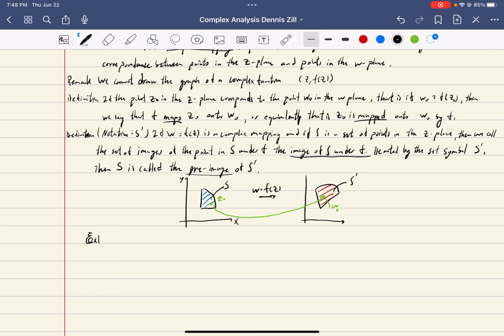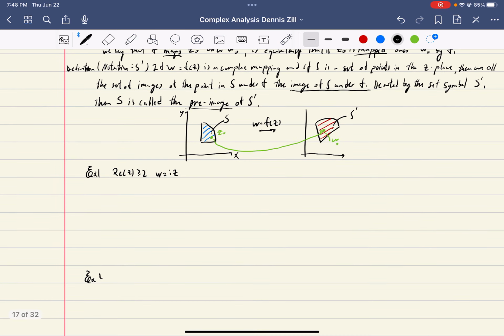Moving on. Example 1. Find the image of the half plane real part of z greater than or equal to 2 under the complex mapping w equal to iz. First, we should illustrate the figures.